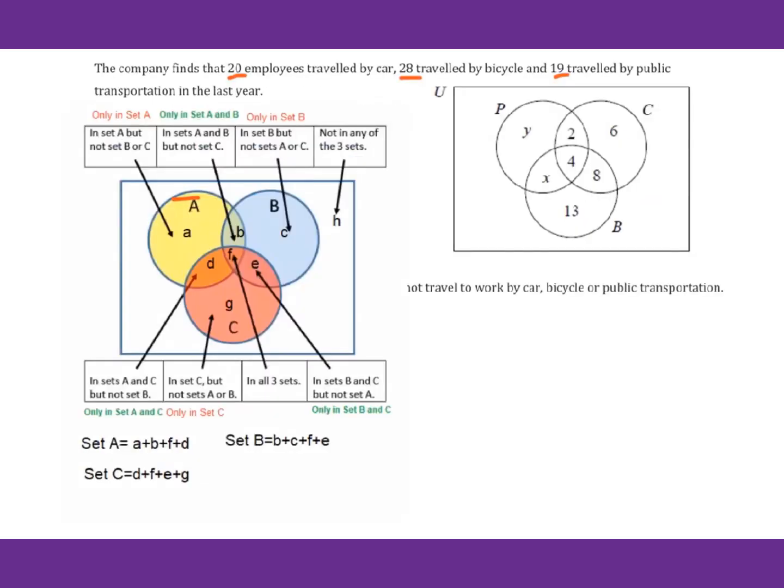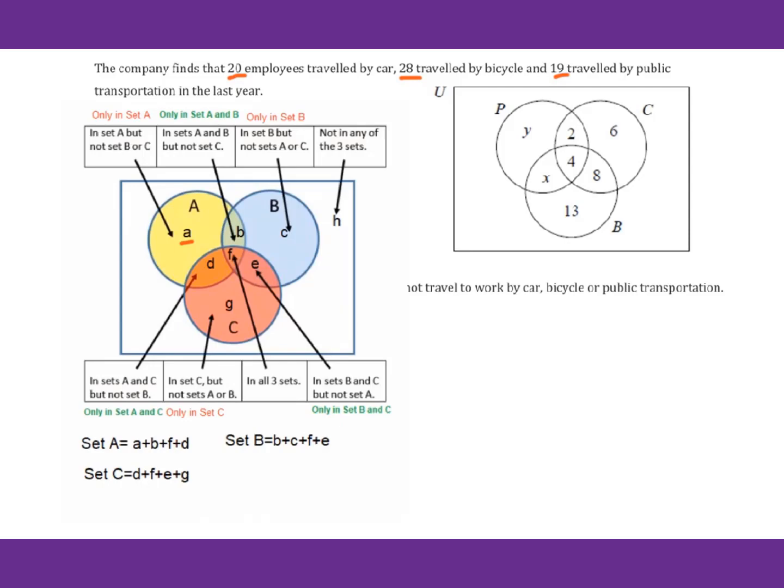Before we work this Venn diagram problem out, let's look at some concepts in the Venn diagram. First of all, remember what each number stands for. For this A, you have two ways to say that.